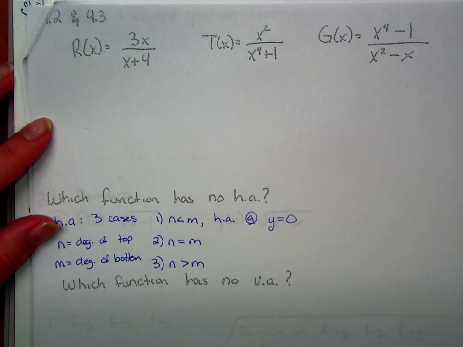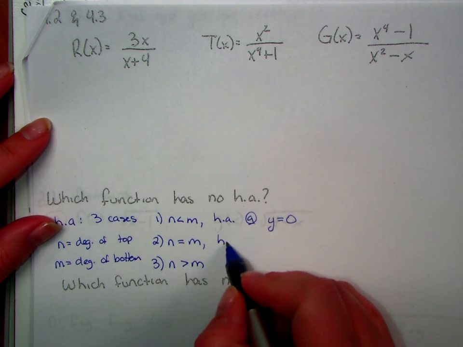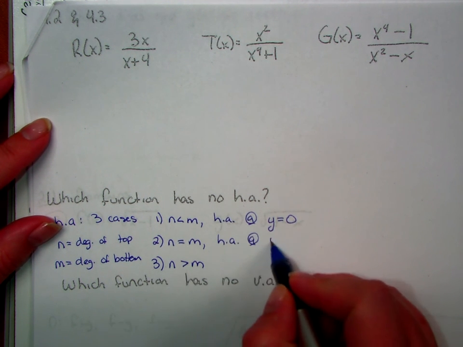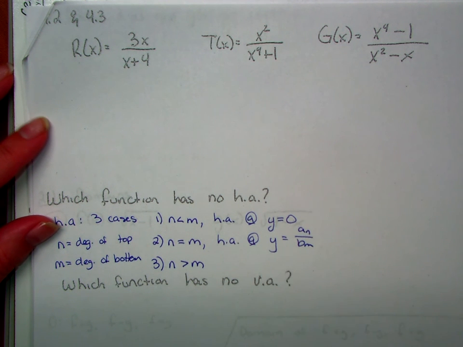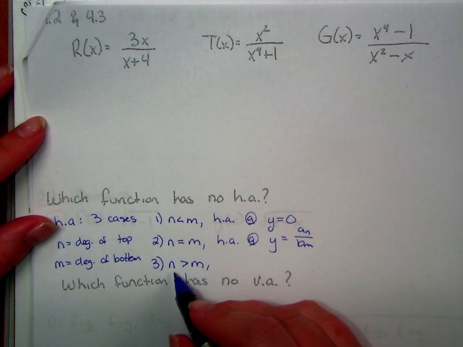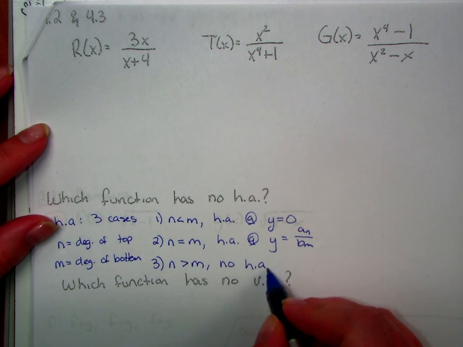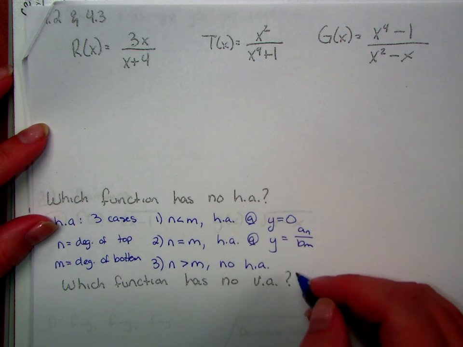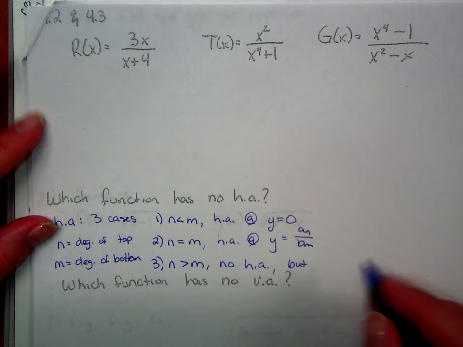Okay? If the top degree and the bottom degree are equal, then we have a horizontal asymptote at the ratio of those leading coefficients, right? So we have a sub n over b sub m. We're just going to write the coefficients over each other. And if the top is greater than the bottom, there is no horizontal asymptote, okay, but there is a slant asymptote or an oblique asymptote.